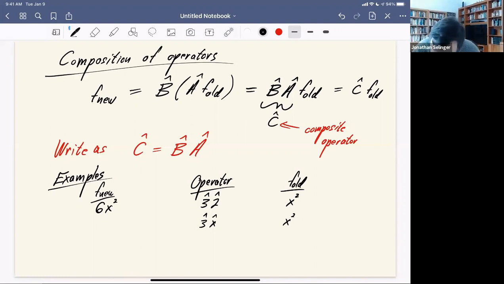Then I multiply it by 3, that makes 3x cubed. Or for a more interesting example, if I have x hat d by dx hat acting on x squared, if I first take d by dx, I get 2x. And then I multiply it by x, and so I get 2x squared.